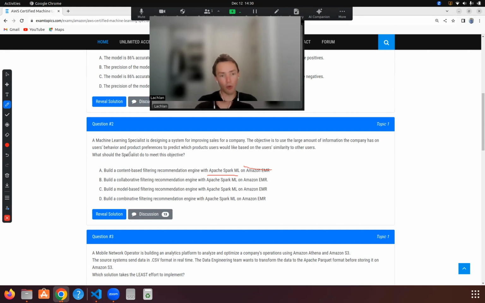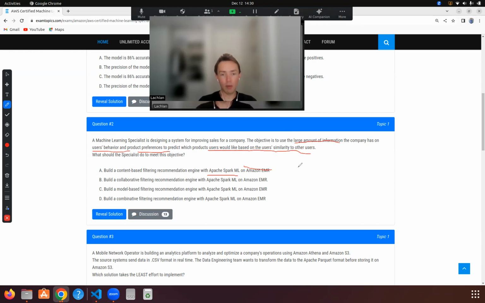Okay, so the question is, for this particular problem, how do we figure out what the answer is, right? So the key is they have a large amount of information on user behavior and product preferences to predict which products users would like based on the user's similarity to other users, right?